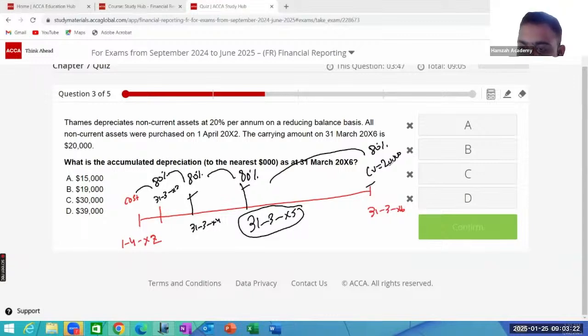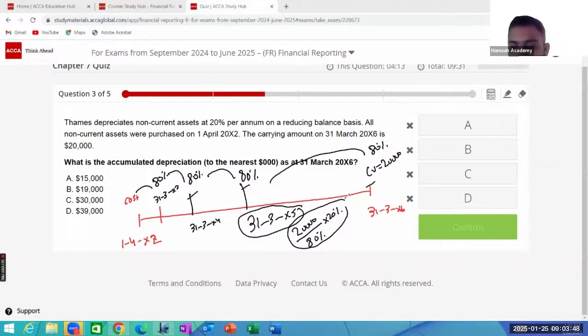You take the carrying value of 20,000, and this 20,000 is 80% of the carrying value at 31st March X5. So if you divide it by 80% and multiply by 100, you will find the carrying value at 31st March X5.